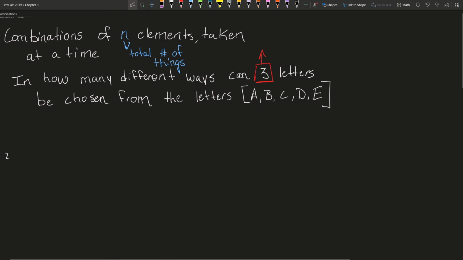Okay, so combinations of n elements taken r at a time, which means that we have n elements and we're choosing r of them. What I like to think about is, let's say, cards in a deck.